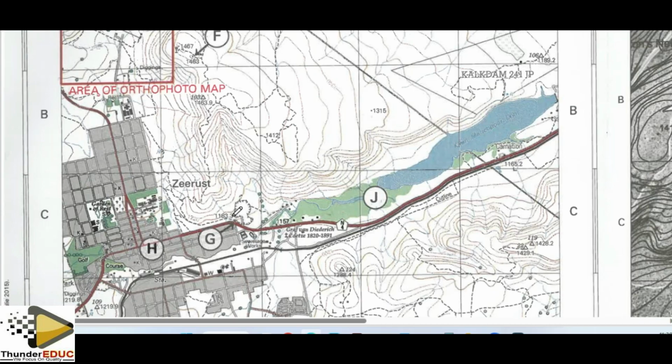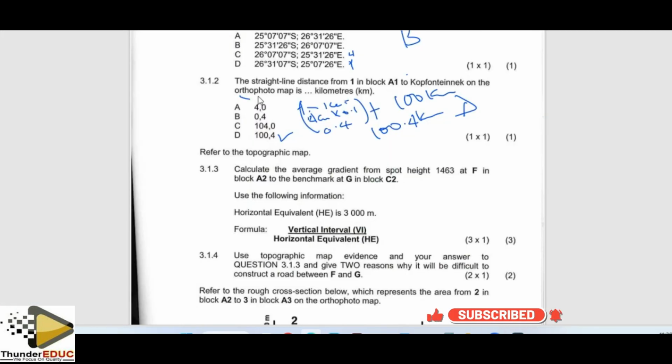Therefore, the height for that benchmark is 1183.3 meters. So we say VI is equal to 1463 meters, which is the biggest, minus the lowest, the benchmark, which is 1183.3 meters. The answer you get here is 279.7 meters. That is the VI.